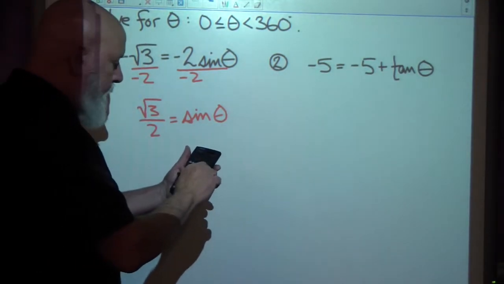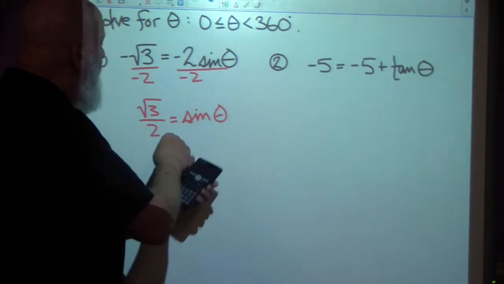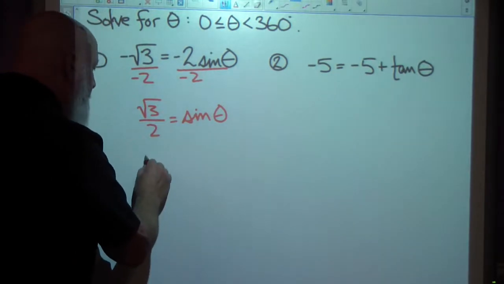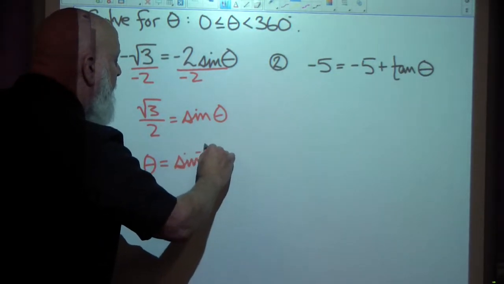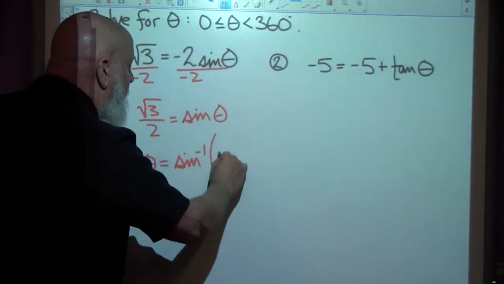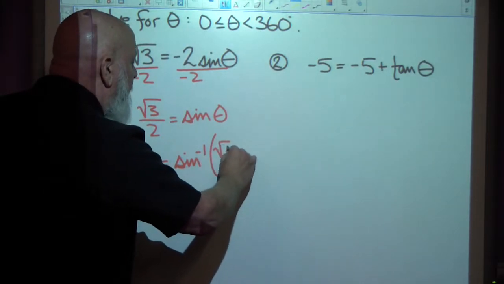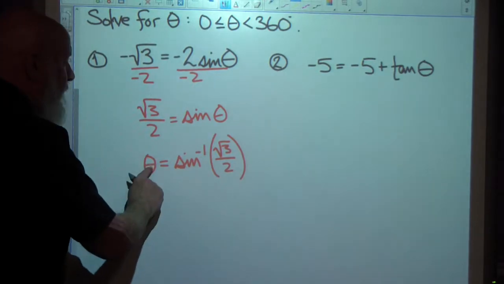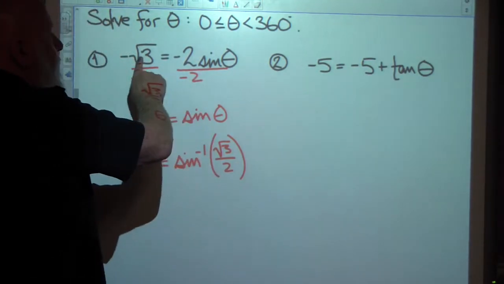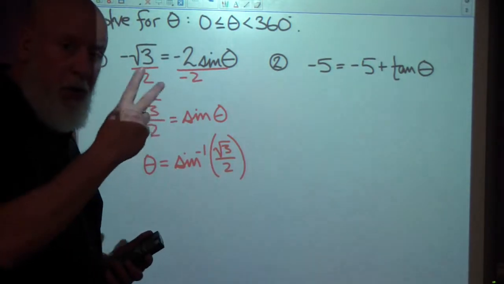We're going to say theta equals the inverse sine of radical 3 over 2. And make sure you put that in parentheses with your calculator. This will give us a value of theta that will make this equation true. But there are two possible values.